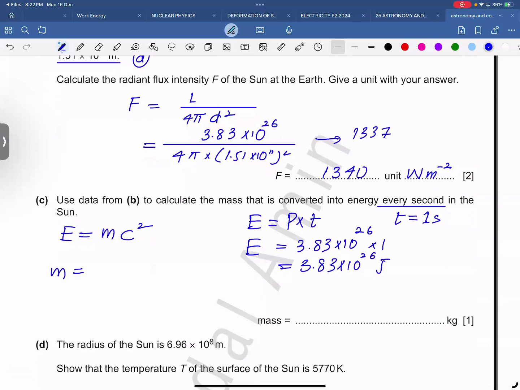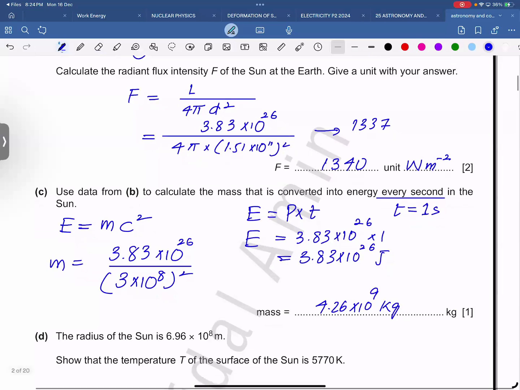So mass will be energy over c square. This much mass changes into energy. Kilograms. 4.26 × 10^9 kilograms.